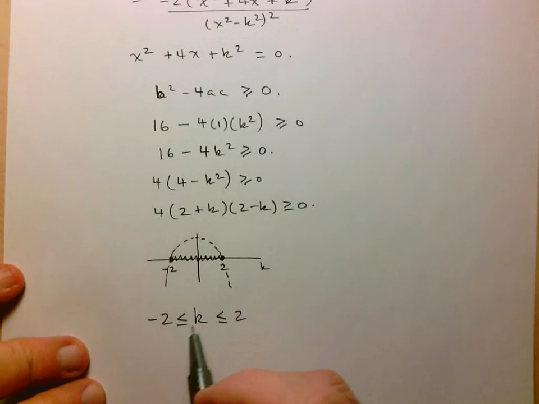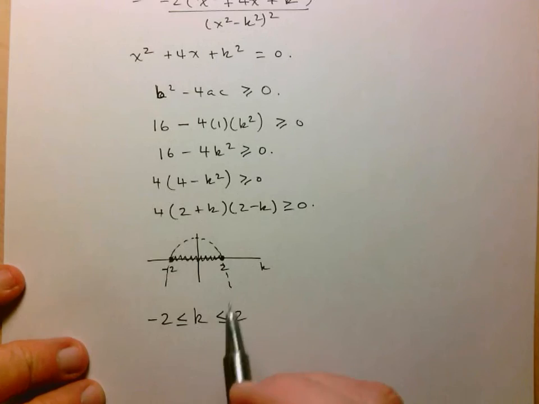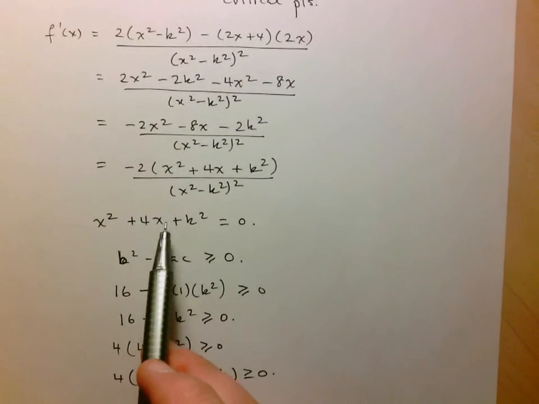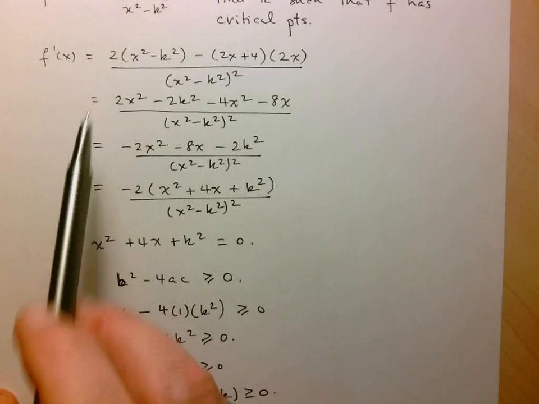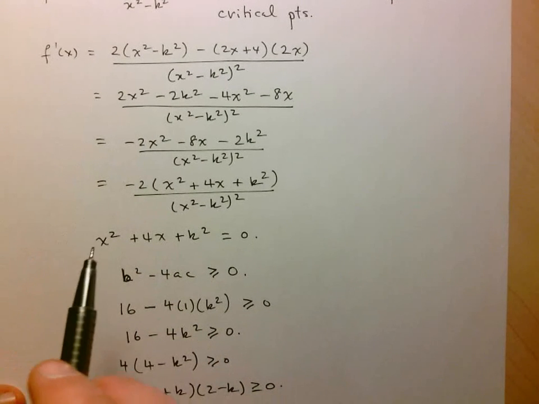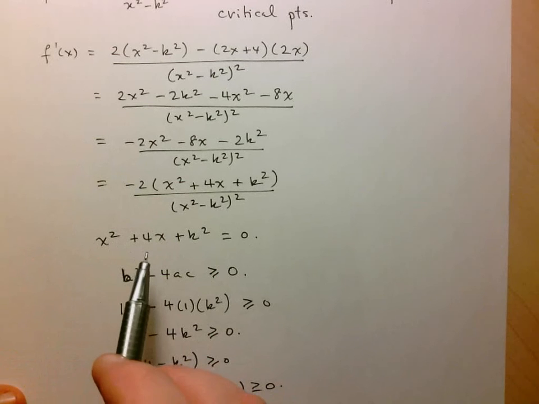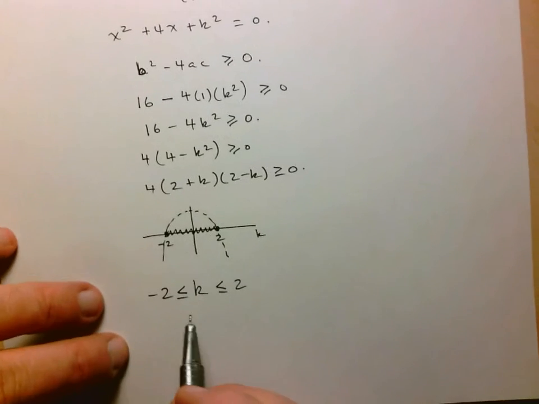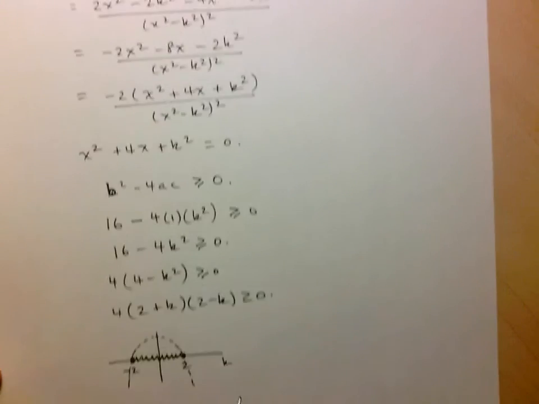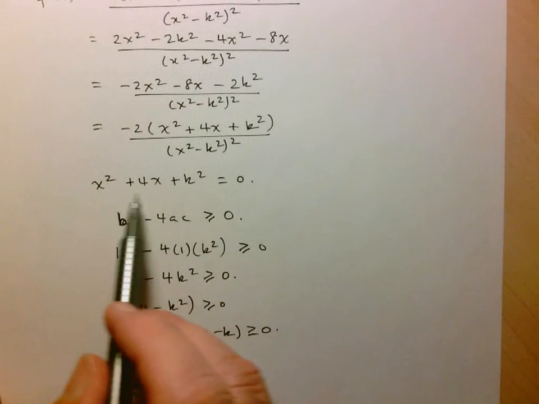As long as k is within this interval, the derivative will be equal to 0 at certain x values. Notice they're not asking us to find where it's equal to 0, because that's going to depend on the choice of k, but these are the k values necessary in order for this equation to even be solvable.